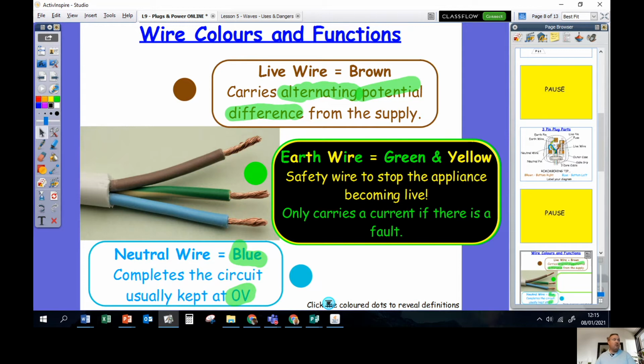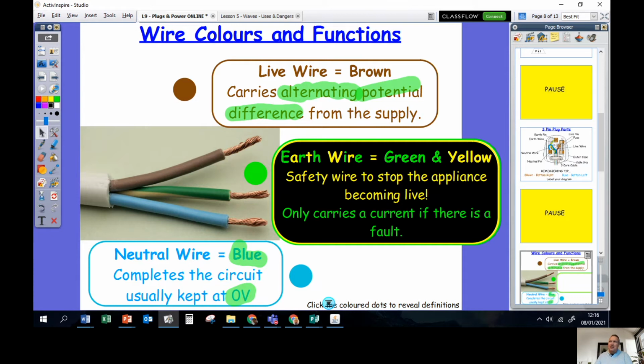So if there was a fault inside your toaster or your cooker or your fridge, and the electric current was flowing around the metal outside of that fridge or that kettle, you could get an electric shock which could kill you. Now, the earth wire is there to stop the outside of those devices becoming live. It'll only carry any current down it if there is a fault. It'll carry that current safely away if anything does become live.